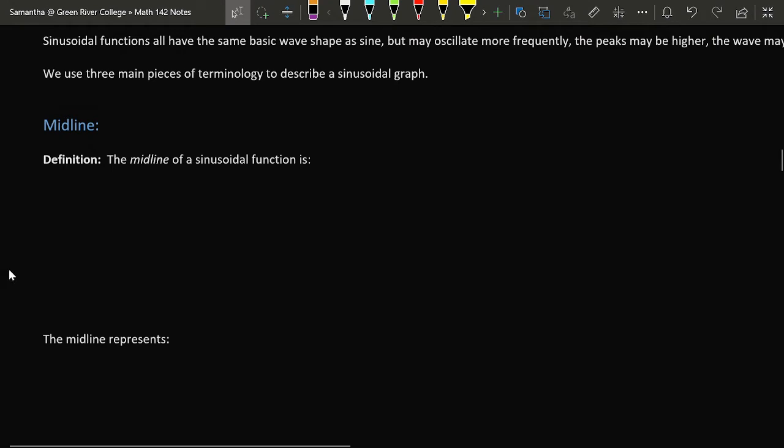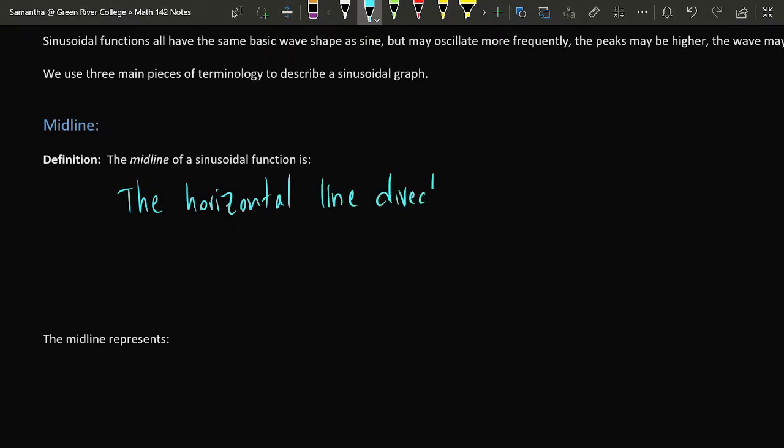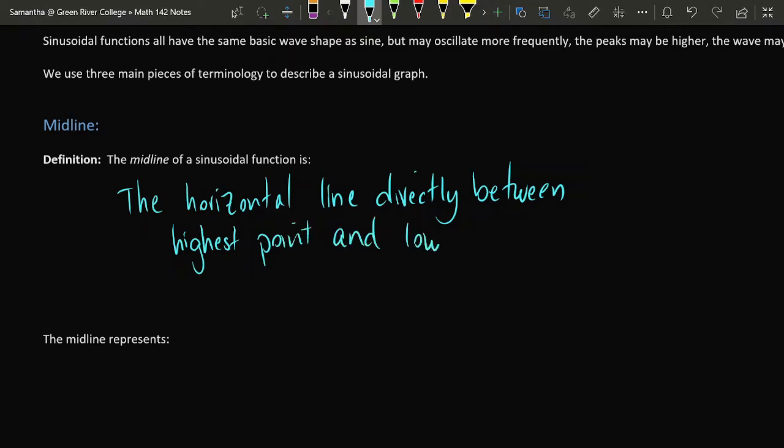The midline of a wave, the midline of a sinusoidal function, is the horizontal line which is directly between the highest point and the lowest point. It's called the midline because it cuts right through the middle of the graph.